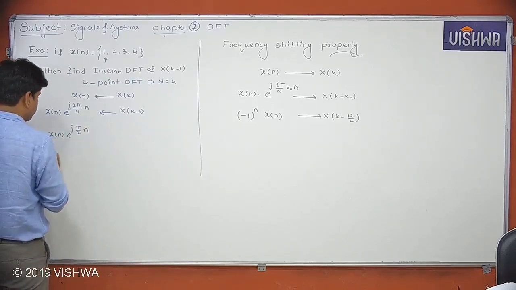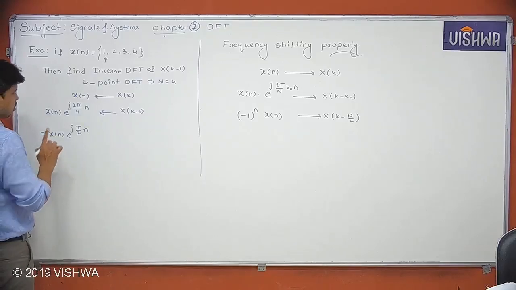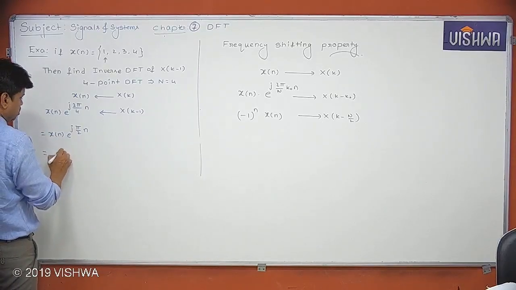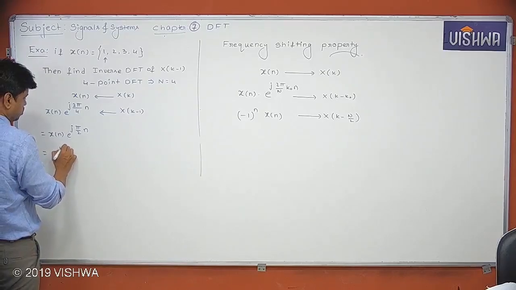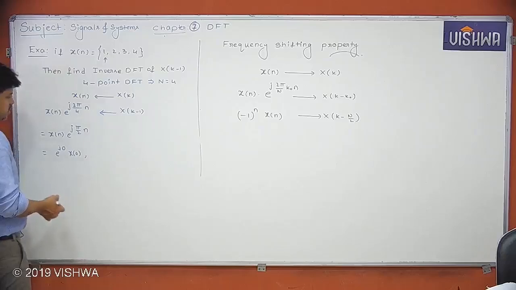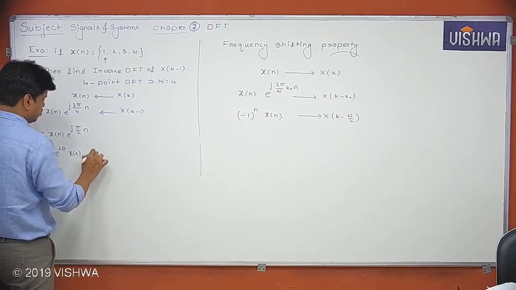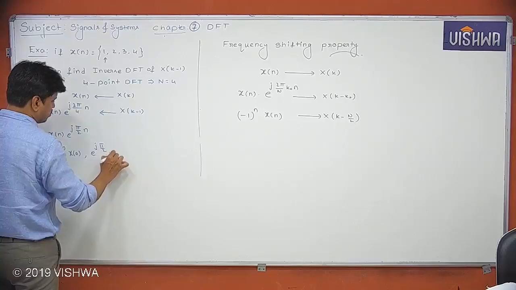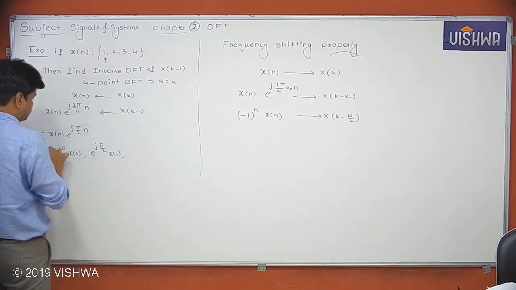So now how we can calculate this one? Let's say n is equal to 0, then it is going to be e power j 0 x of 0. If n is equal to 1, then it is e power j pi by 2 x of 1.